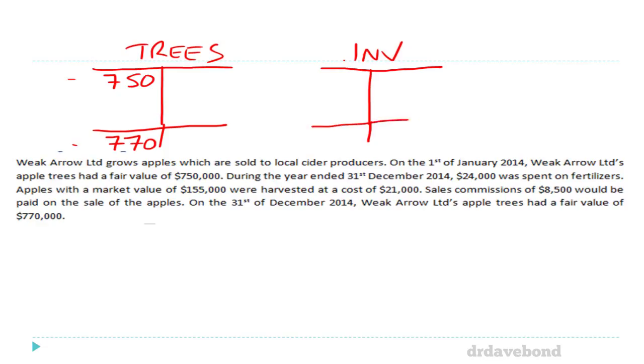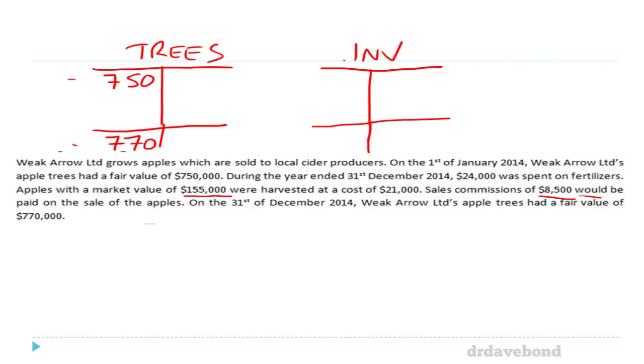you have to be told what its value is, although in this case you've got to compute it, because it's not just the market value, which is the 155, it's the fair value less cost to sell. This is what the 8,500 is, because this hasn't actually been paid yet. This is what would be paid.